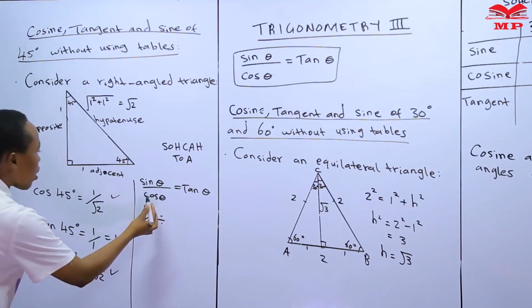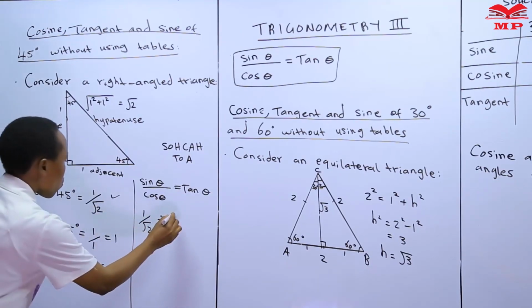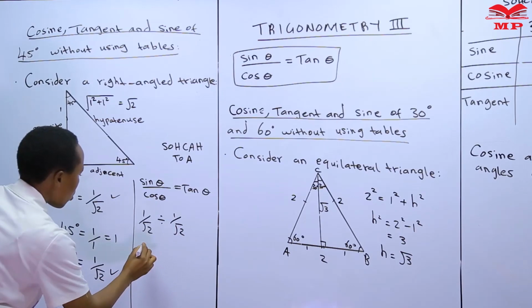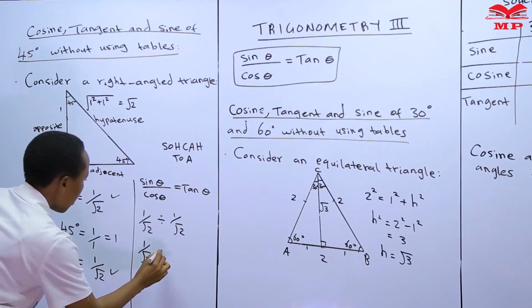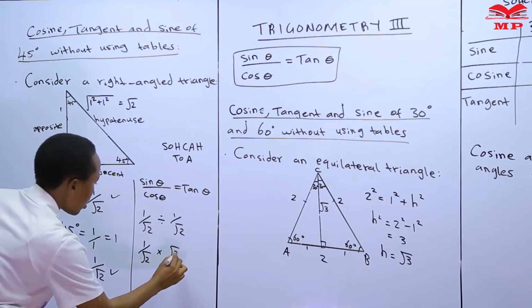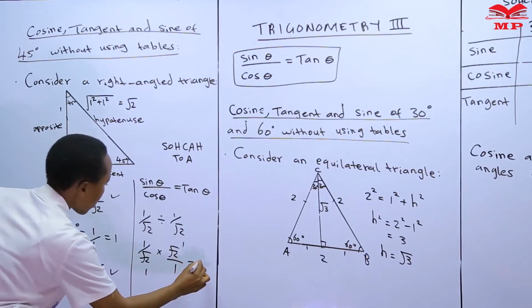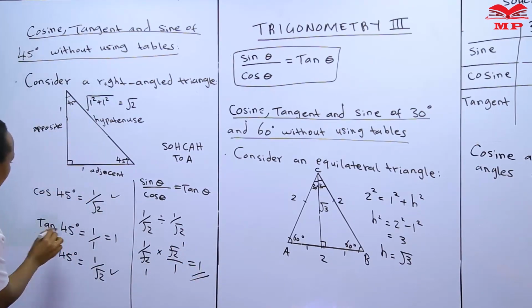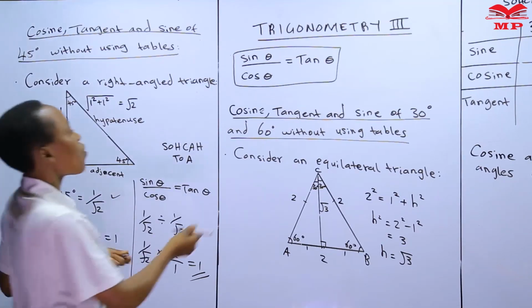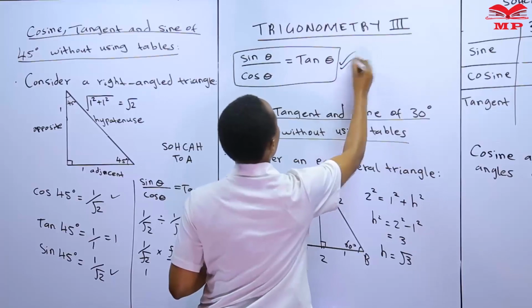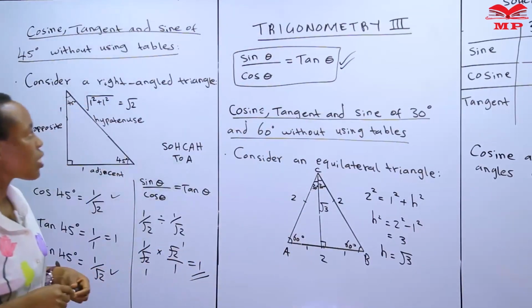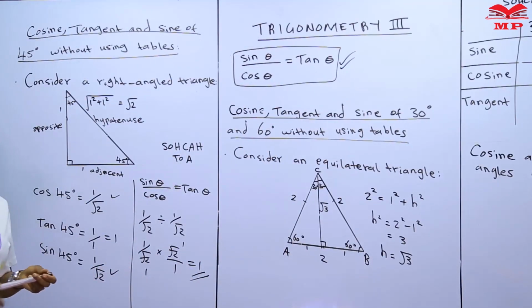We divide by cos 45, which is 1 over root 2. So we have 1 over root 2 multiplied by the reciprocal, which is root 2 over 1. Root 2 by root 2 is 1, and 1 over 1 is equal to 1. And our tan 45 is equal to 1. Therefore, this has been proved that sine theta over cos theta is equal to tan theta.